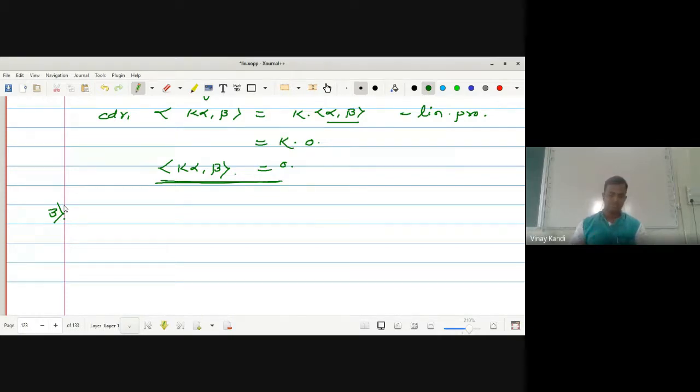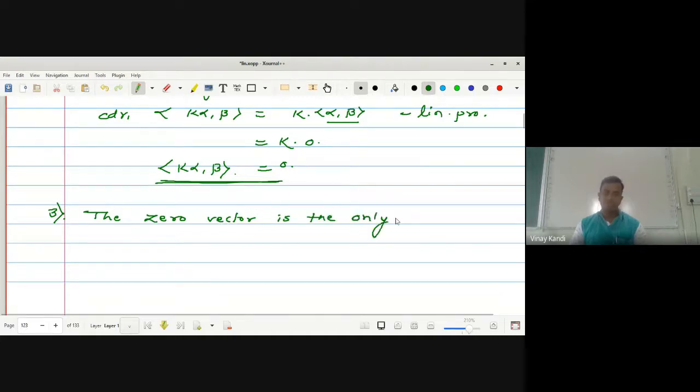Okay, what is the meaning of this one? Look at it. The 0 vector is the only vector which is orthogonal to itself. Okay.